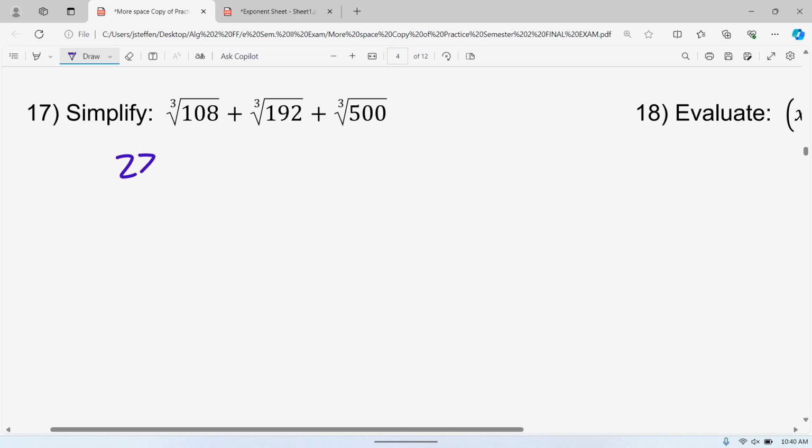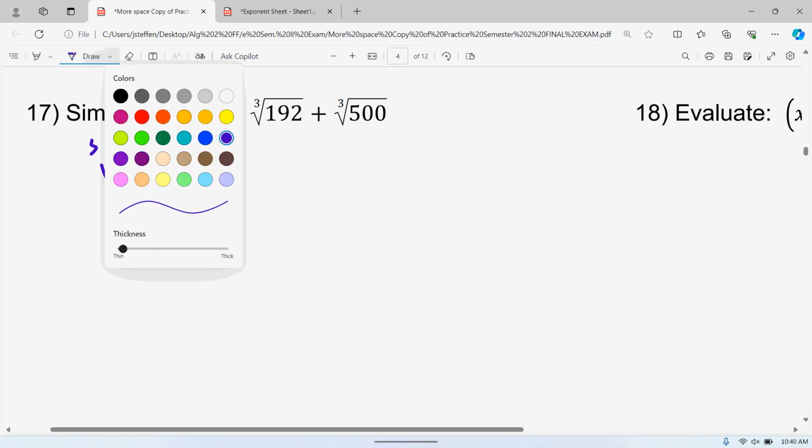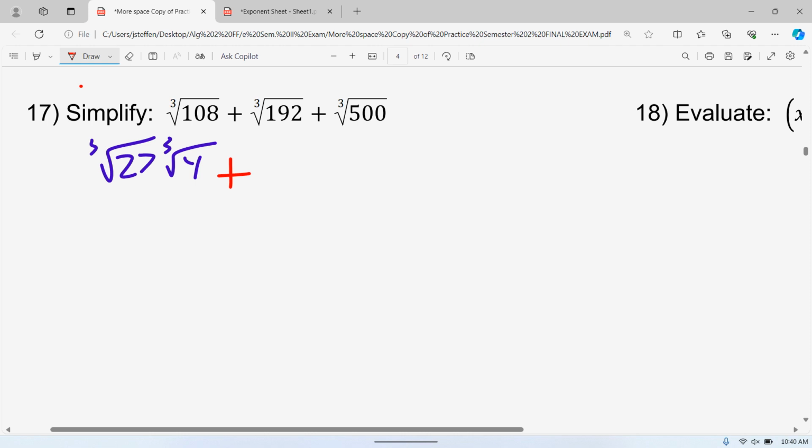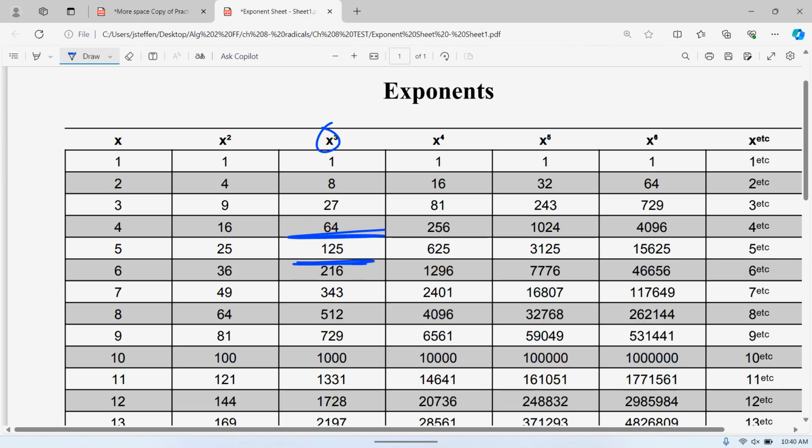The third root of 27, take 27 because it was from our list. Divided by 125 doesn't work. 192 divided by 64. Oh, 64 and 3.